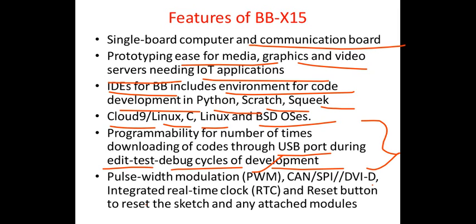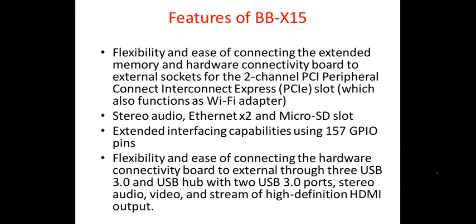Okay, then flexibility and ease of connecting the extended memory and hardware connectivity board to external sockets, right? Then stereo audio, Ethernet to micro SD slot, extending interfacing capabilities using 157 general purpose IO pins. So far this number whatever we had seen was limited to 40 in our Raspberry Pi, right?